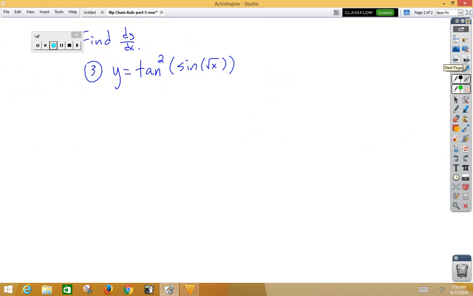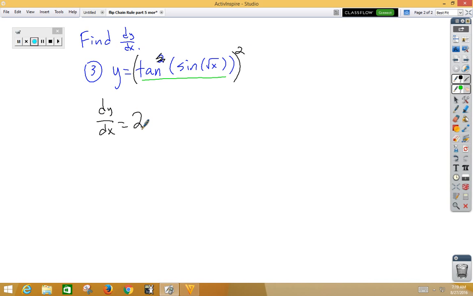So we have find dy dx. Y is tangent squared sine root x. Again, I would think of that by moving the square out. Our inside function would be tangent of sine of root x. So we have dy dx is equal to 2 tangent sine root x times the derivative of the inside.